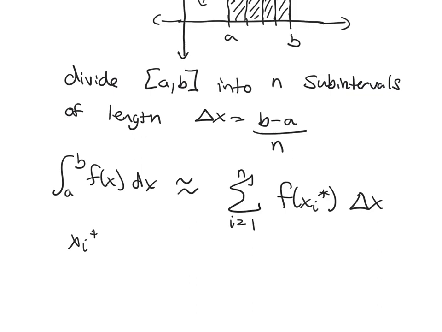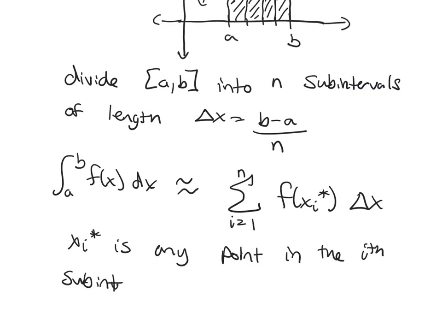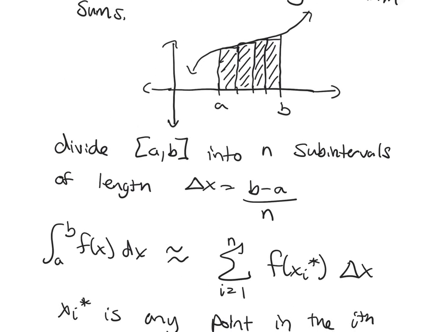This xi star is any point in the ith subinterval, xi minus 1 to xi. Okay, so let me real quick go back to our picture up at the top. So all you're doing in each one of these subintervals is you're picking a value inside of them, and that's going to be what you plug into your function to get your height. Okay?